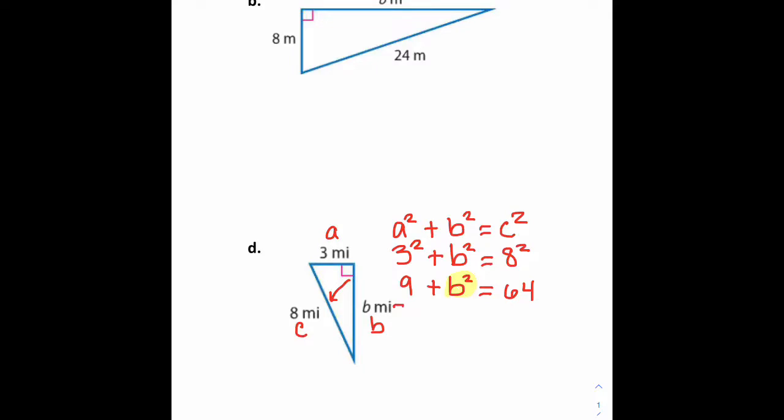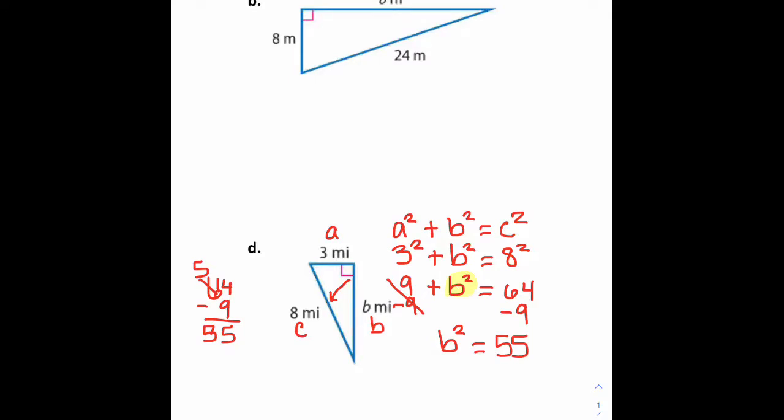We're going to go ahead and subtract 9 from both sides. 9 minus 9 is 0. That leaves us with b squared on the left. And then 64 minus 9, you're going to pull that off onto the side of your paper, unless you know it by heart. Okay, so that gives us 55.